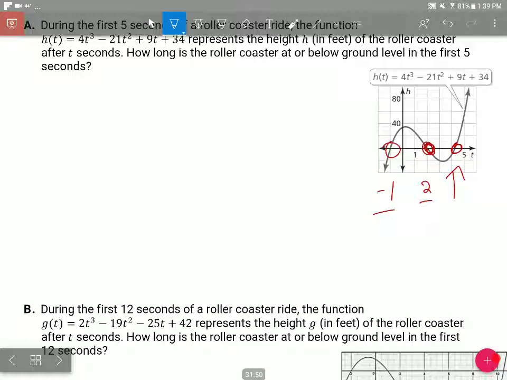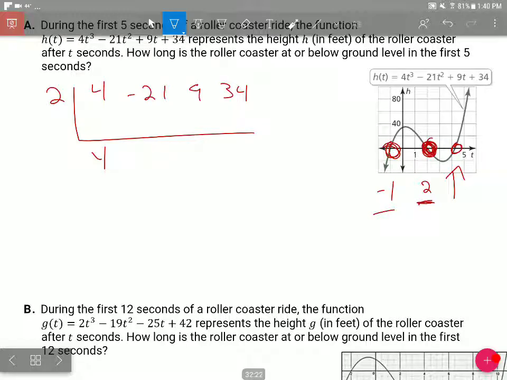Here's what I mean. It crosses the x-axis right there at 2, and crosses the x-axis at -1. So let's divide out the 2 first. So 2, and bring down your coefficients: 4, -21, +9, 34. We will get 0 as a remainder because 2 is an actual x-intercept. Drop the 4.